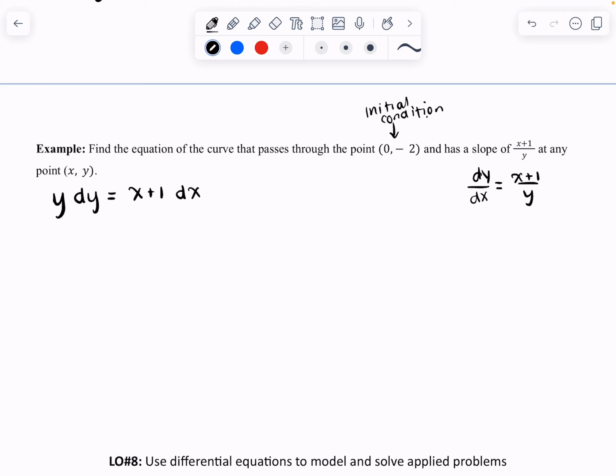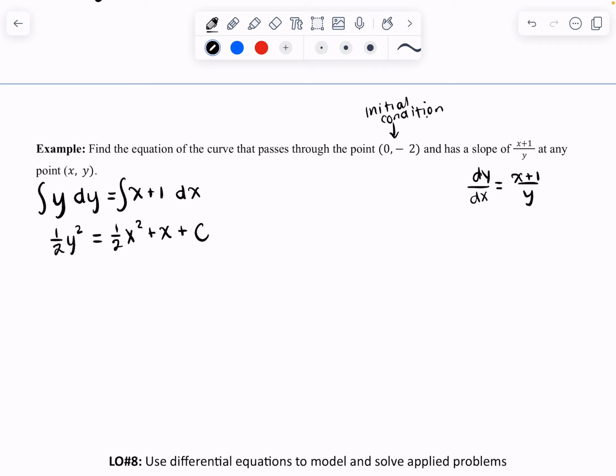And we will integrate both sides as we've been doing. When we integrate y, we get 1/2 y squared. When we integrate x plus 1, we get 1/2 x squared plus x plus c. Now, like we talked about before, you can find the c now or you can find the c later.